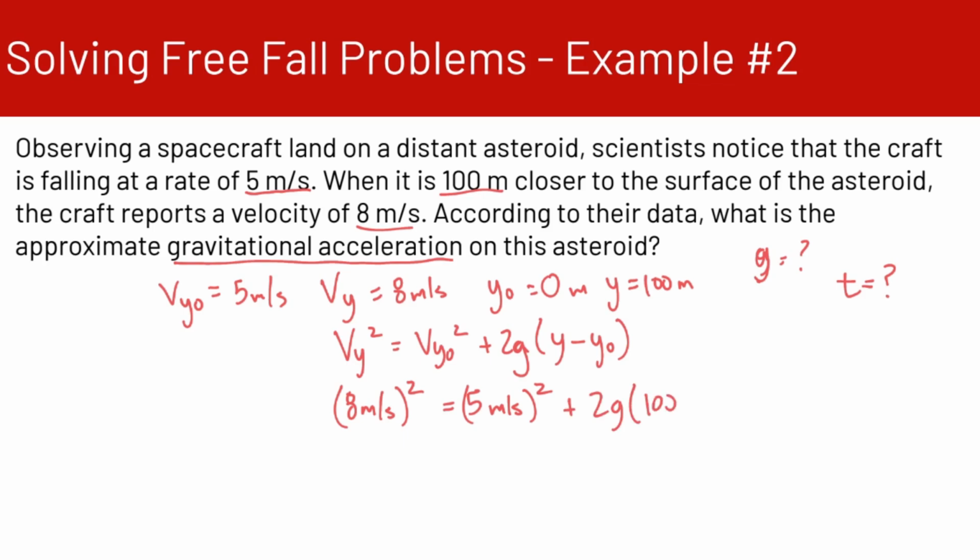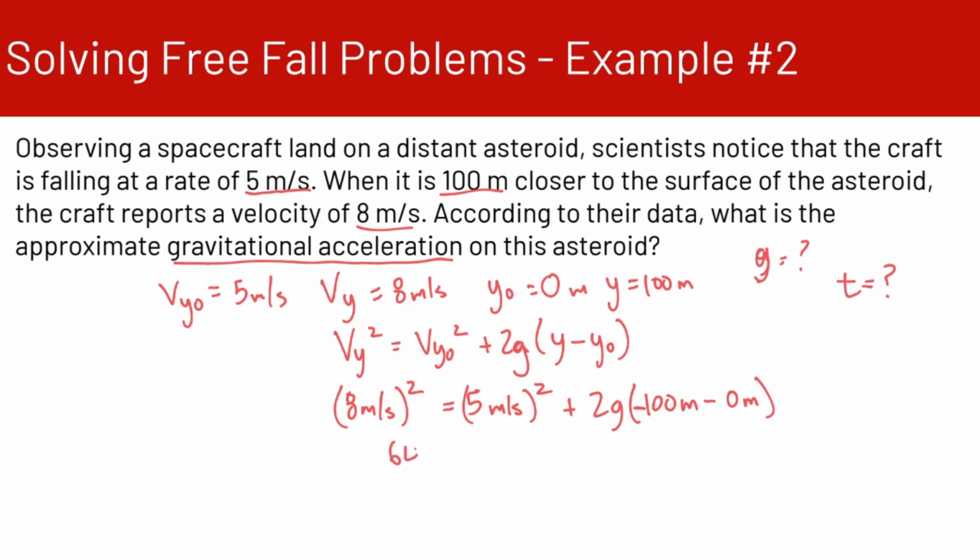Our final position is 100 meters further along minus 0 meters. Okay, so we could say that down is negative, so that would make this negative 100 meters, so that would give us a negative g.